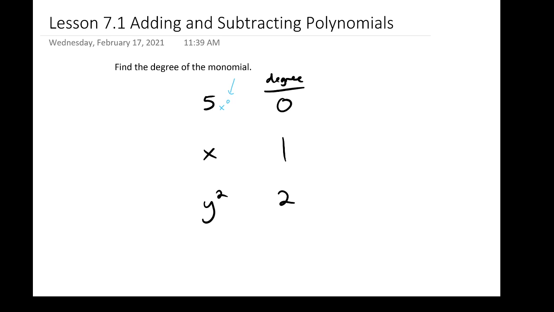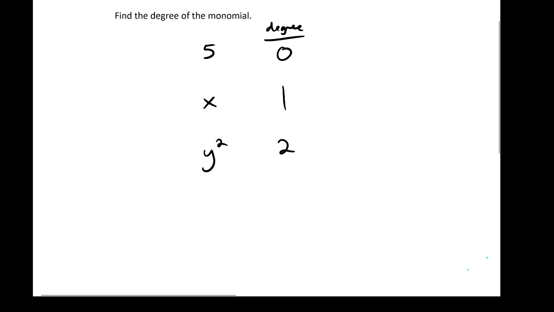There isn't one expressed because x to the 0 is just 1, which works out as an identity, 5 times 1 being just 5. Versus x, which is like x to the first power. That's why we have that as the first degree.